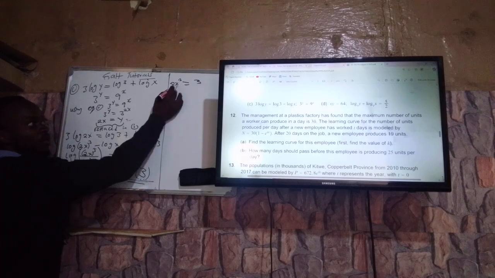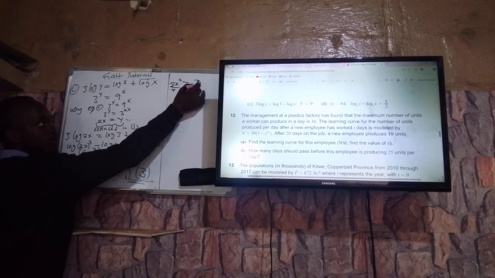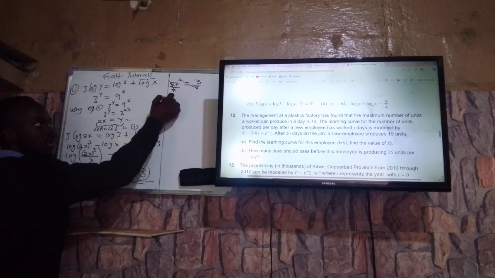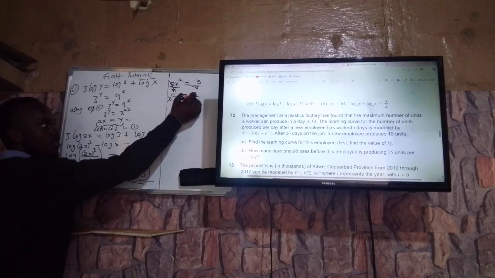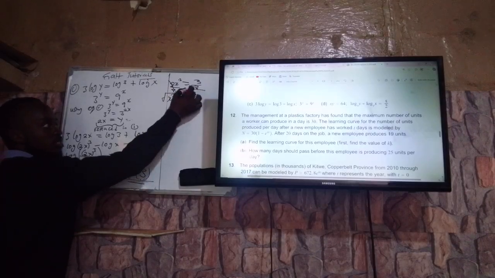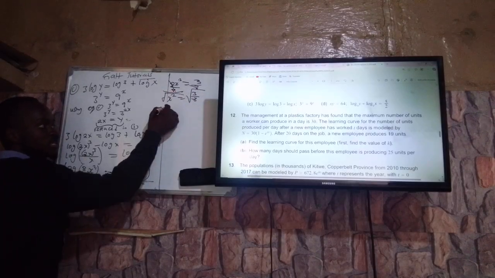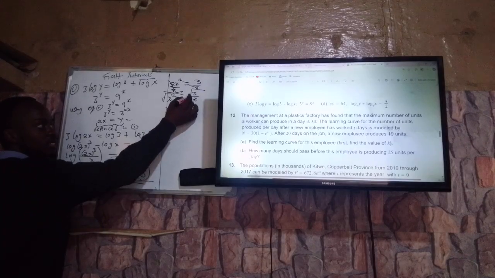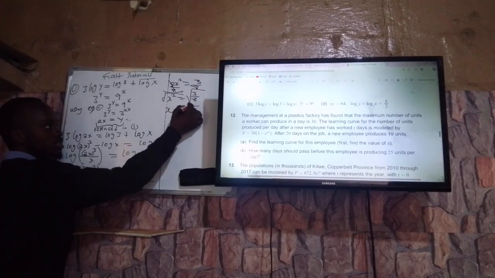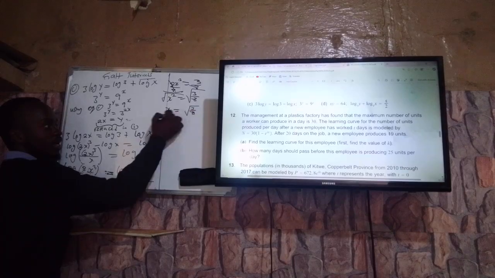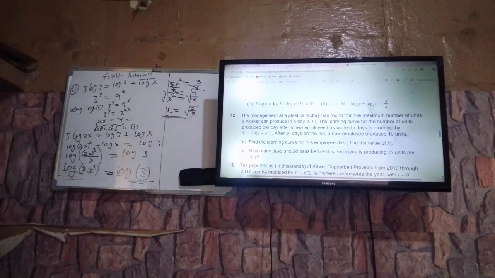To 3. We want to find the value of x, so divide by 8 over 8. This goes, and x squared will be equal to 3 over 8. Square root both sides. This goes, and the value of x becomes what? The root of 3 over 8. That's the value of x. The root of 3 over 8.